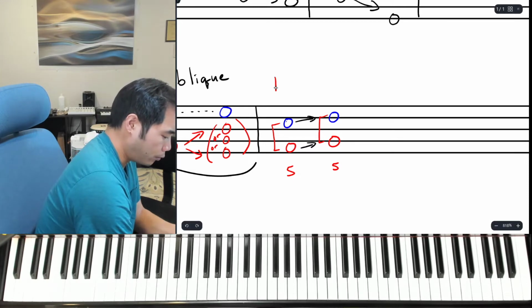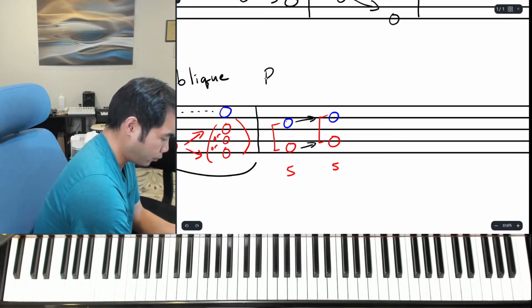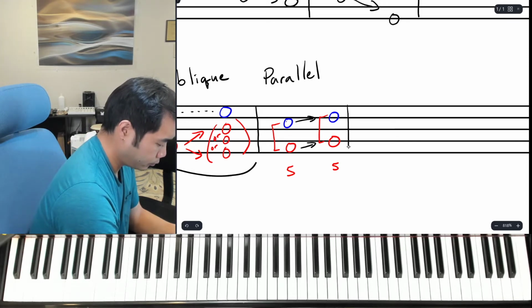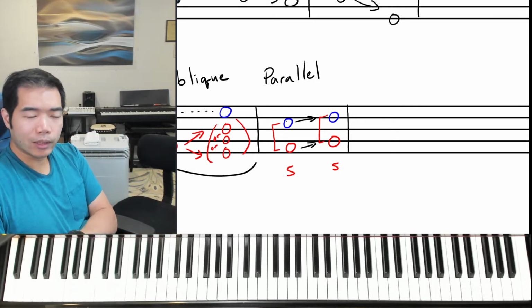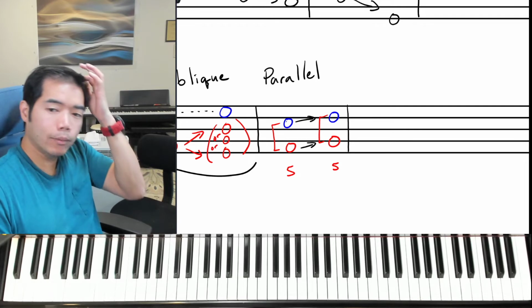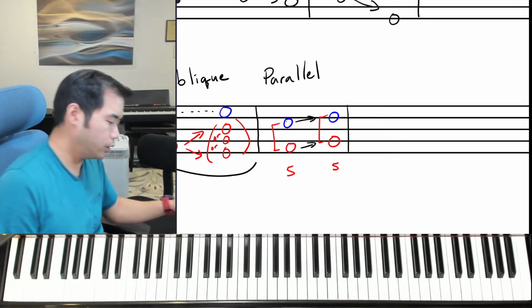This is what we call parallel motion. Sometimes parallel motion is good, sometimes it's not as good, and we're going to talk in another video about those scenarios.